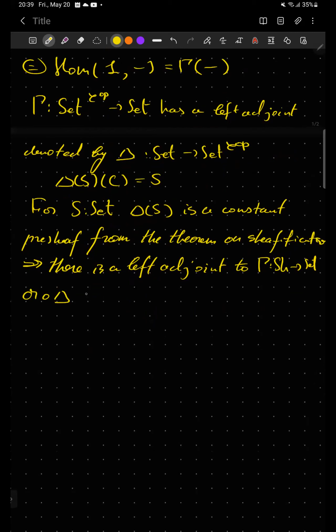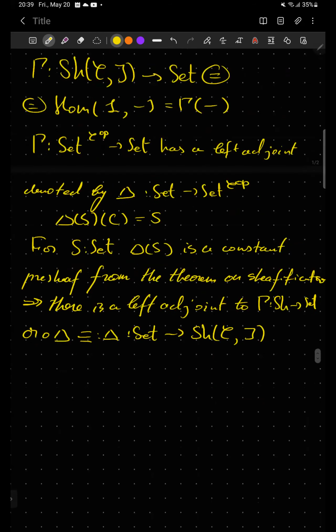And we will denote it simply by delta. Sorry for this slightly confusing notation, but yeah, so we get a left adjoint.